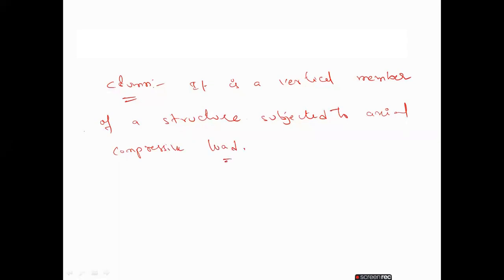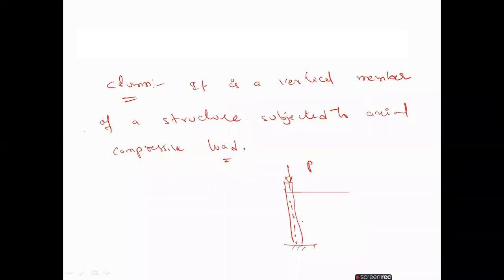Okay. One important thing for these columns: whenever both ends are fixed rigidly, we call it a column. So I will draw it here. The column is like this. This is a load P. So this vertical member, we call it a column.